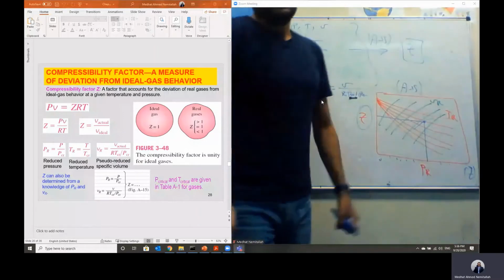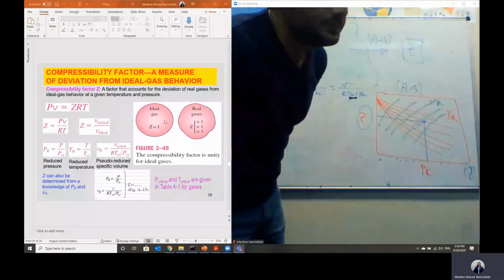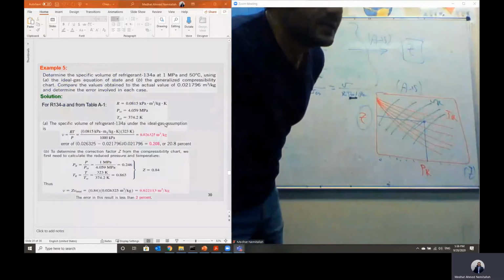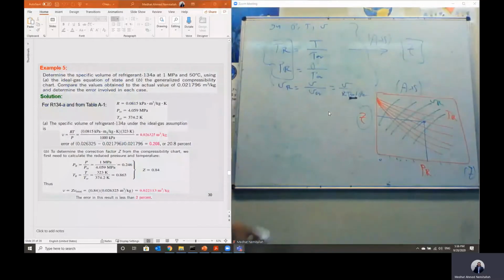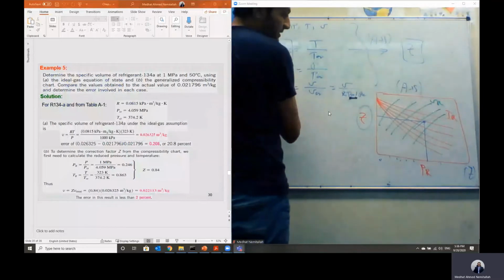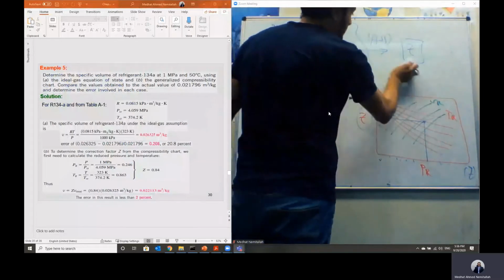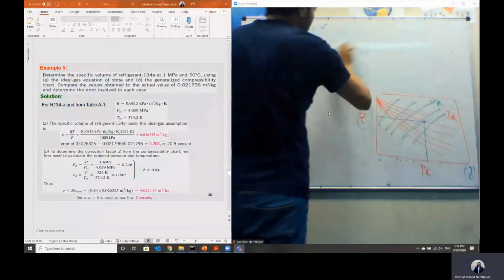Okay, so let's look here. Here is the compressibility chart, and we have an example here. Let's solve this example and see how we can calculate the compressibility factors.